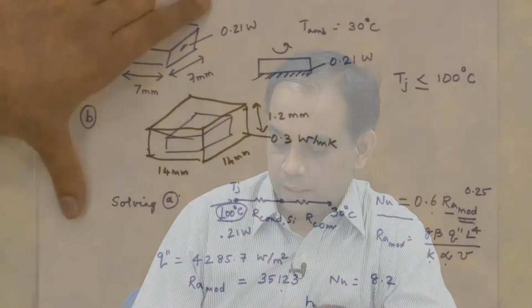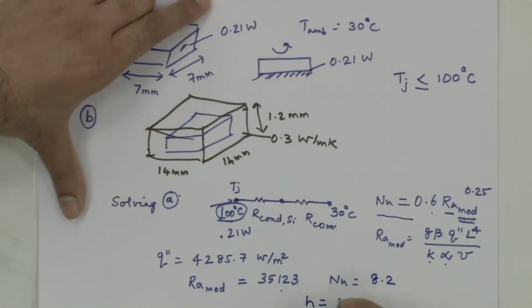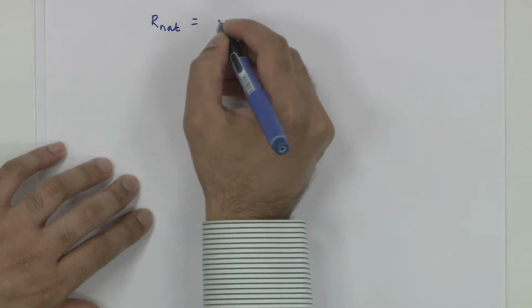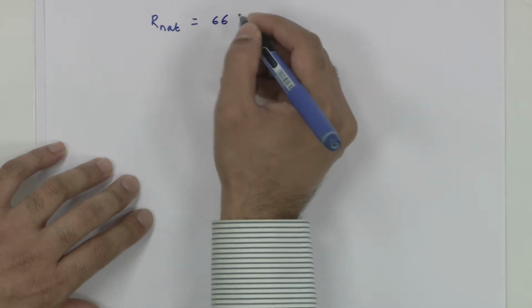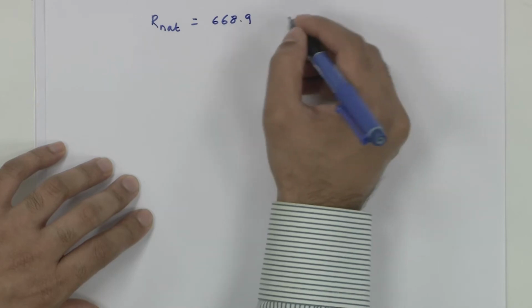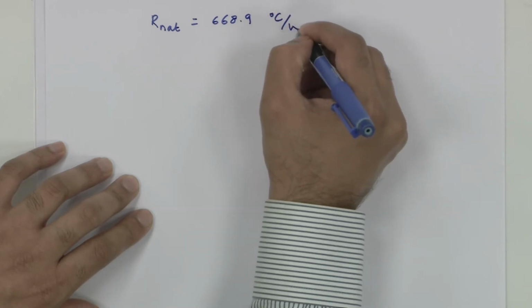From this, we can calculate the heat transfer coefficient, and that turns out to be 30.5 watt per meter square Kelvin. With this, we are now in a position to calculate the resistance due to natural convection, and that resistance happens to be 668.9 degrees C per watt.